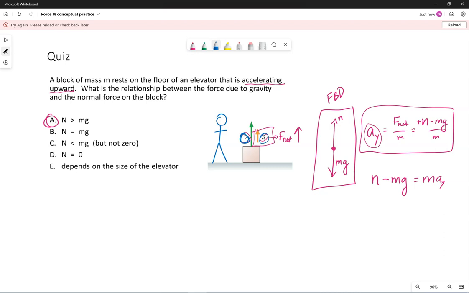Remember, velocity and acceleration in the same direction would be representative of that speeding, going faster in the upward direction. It's only a short period of time that this happens for, but we feel a bit heavier, or we feel like we're getting pressed into the floor.